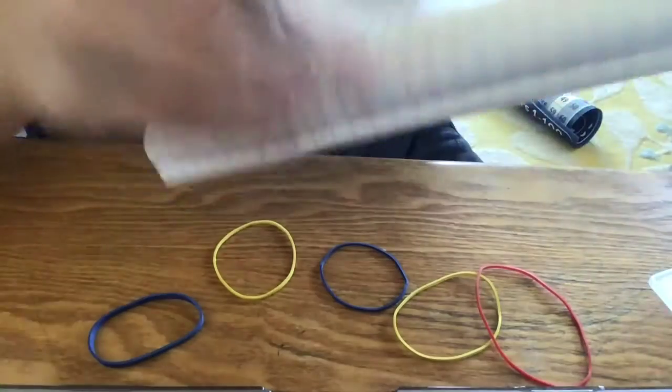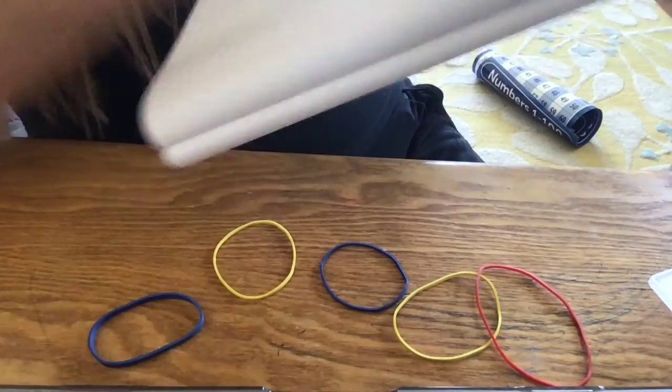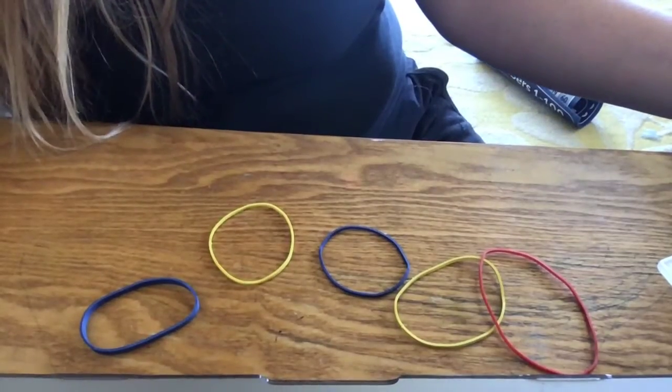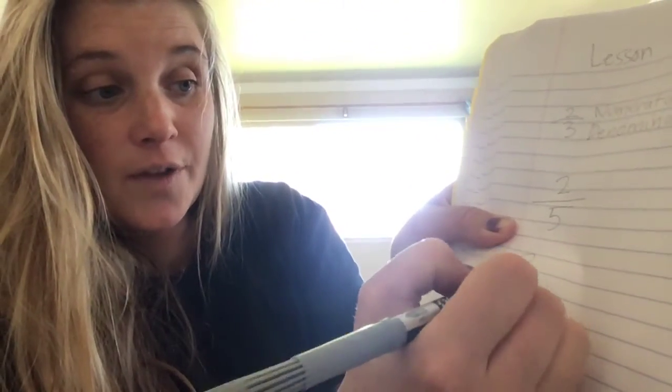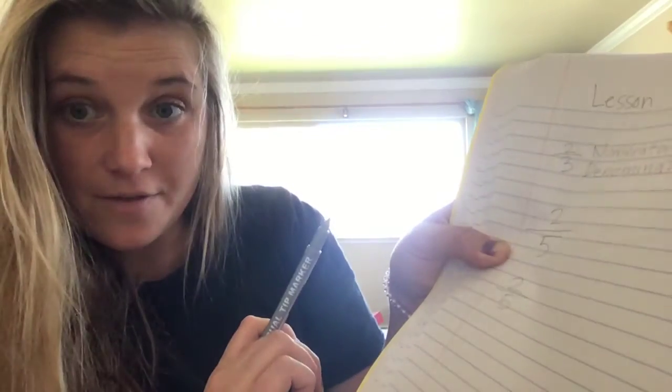So 2/5 of my rubber bands are blue. Okay? Now let's look at our rubber bands again. How many are yellow? 2. So can you write down 2/5 are yellow? My numerator is 2, my denominator is 5.